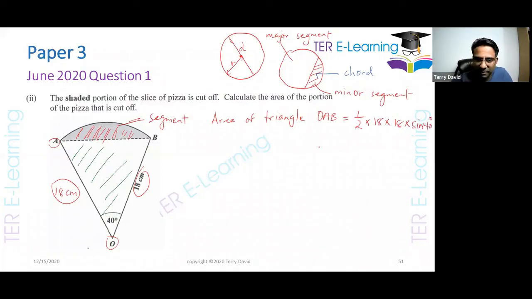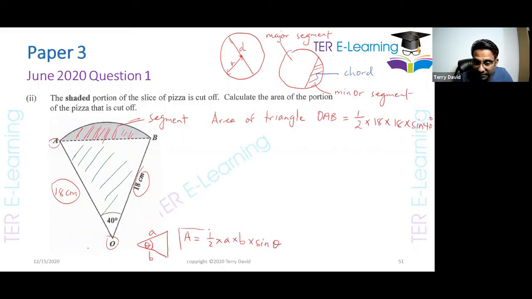So let me just show you this here. So this is the triangle. The general formula is this. If I have sides A, B, and this angle here, which is theta, the area of this triangle is a half by A by B by sine theta.